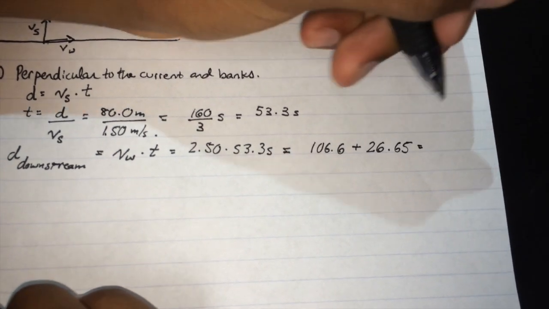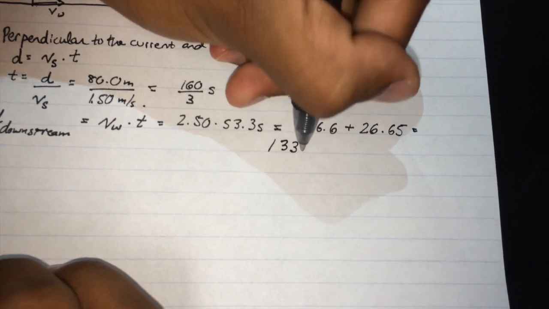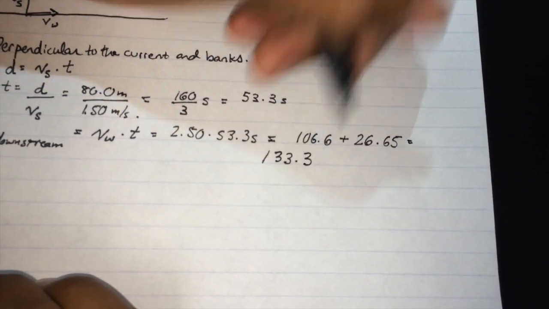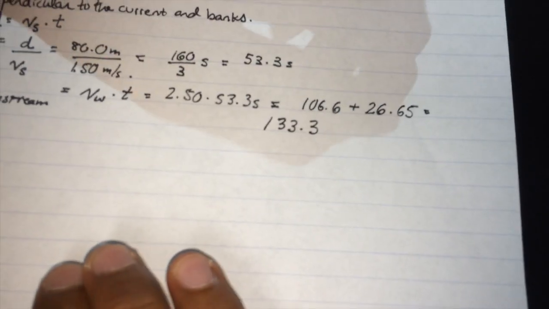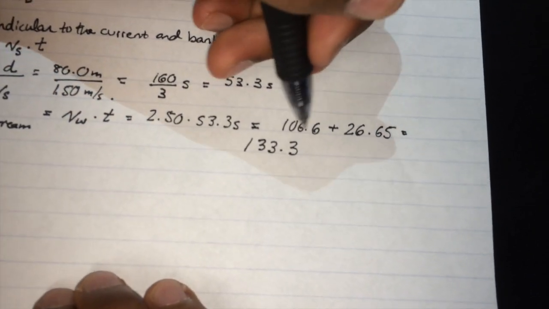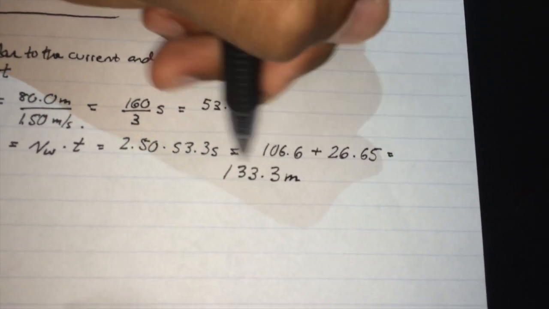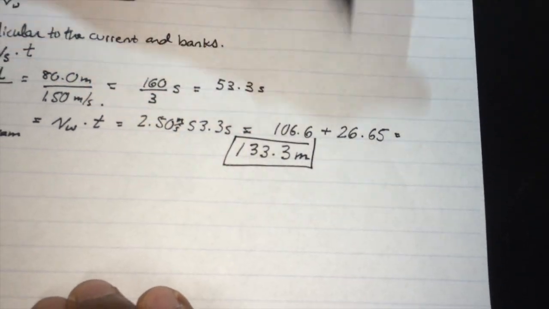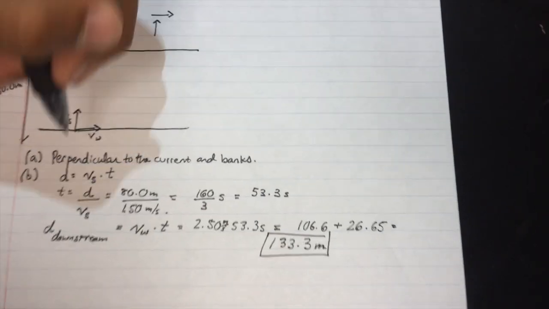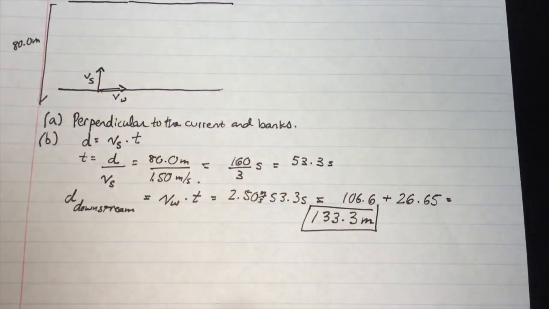So we're looking at 133.3. And that is how far downstream we're moving: 133.3 meters. So that's our part A and B. We've got perpendicular to the banks and 133.3 meters.